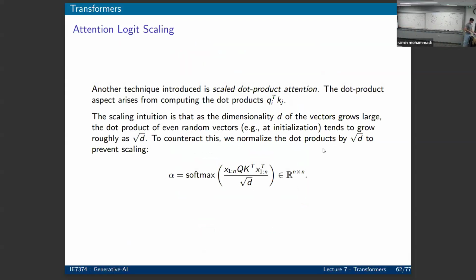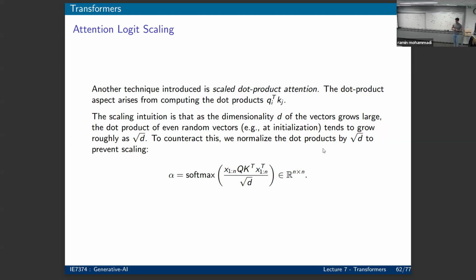Now, what we saw previously, and I think we talked about in the previous class, was that the overall idea of attention was to be a dot product. But we found out that if you just do a dot product, the problem is that it scales with the square root of d. If you have two vectors and you do a dot product, the dot product keeps getting larger and larger if the vector is larger and larger, right?